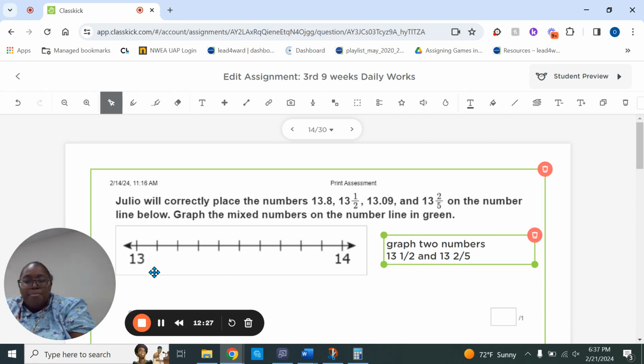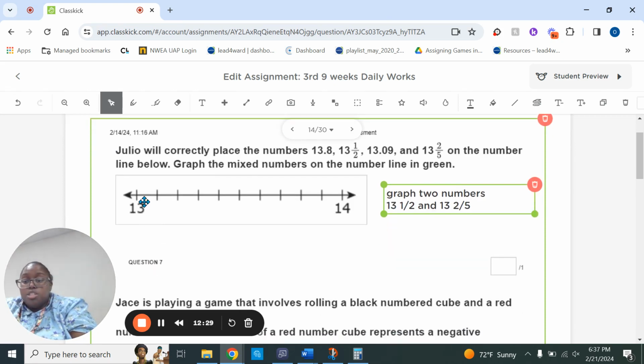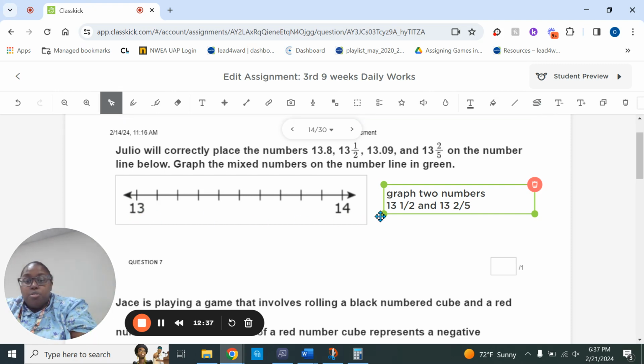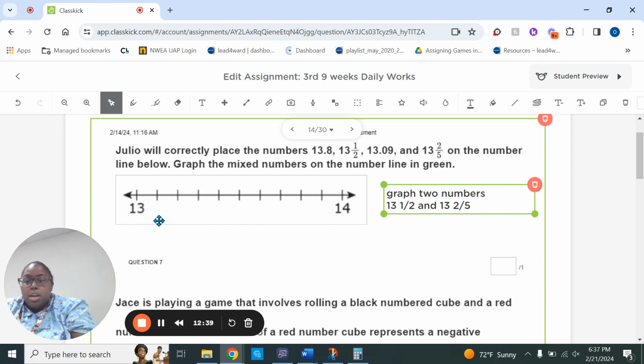Now, this time I will be able to use fractions. So once again, just like the previous question, we need to figure out what each tick mark is worth. So we went from 13 to 14. So that's a change of 1, but we got all these little lines in the middle, so that means these have to be less than 1. So starting from here, count 1, 2, 3, 4, 5, 6, 7, 8, 9, 10.